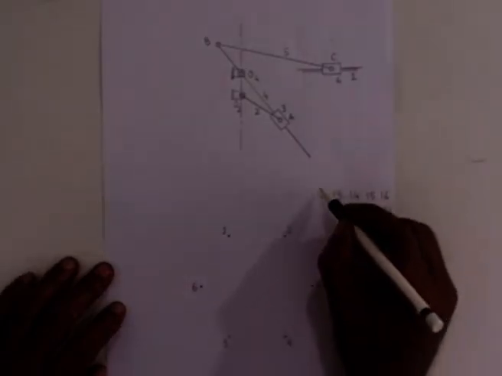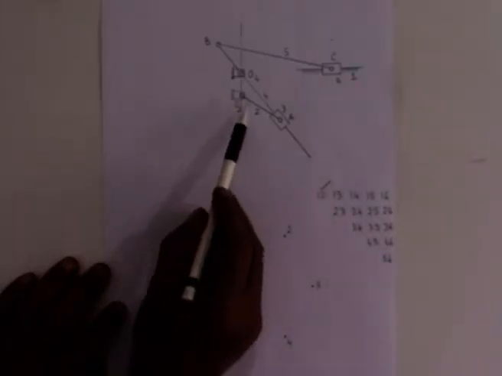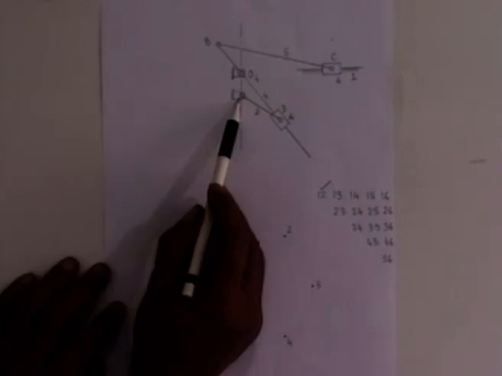At the second stage, let us now try to locate all those relative instantaneous centers which can be easily obtained by inspection of the kinematic pairs. For example, 1 2 is easily located at the revolute pair between link 1 and link 2, that is at O2.